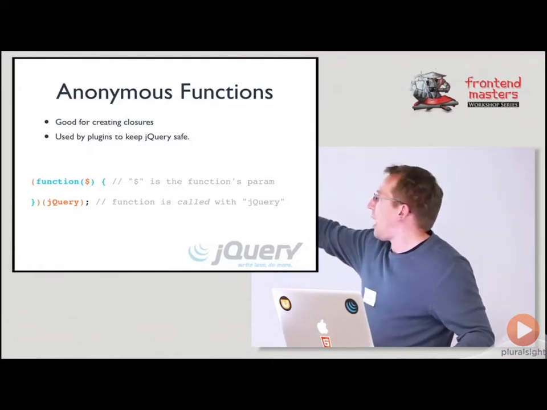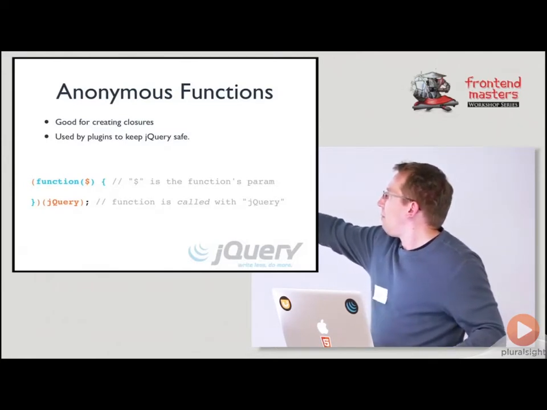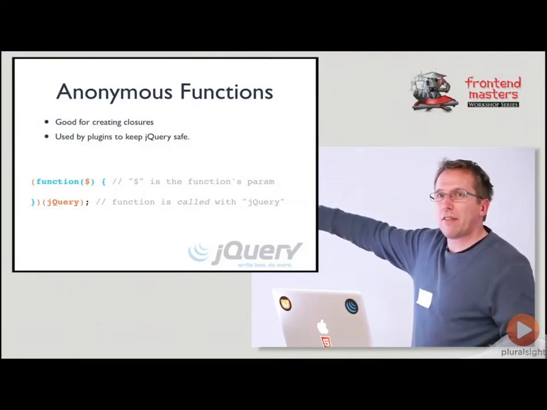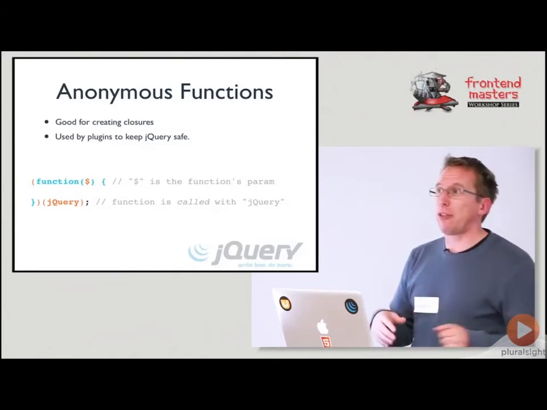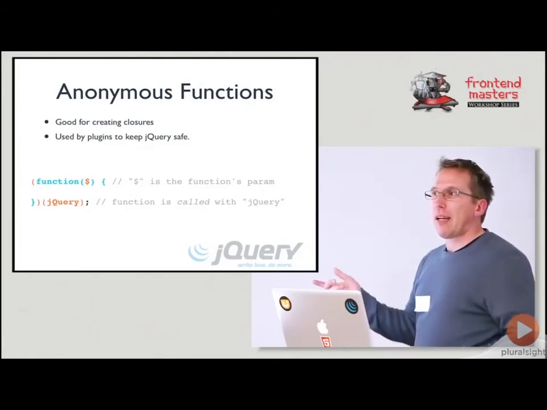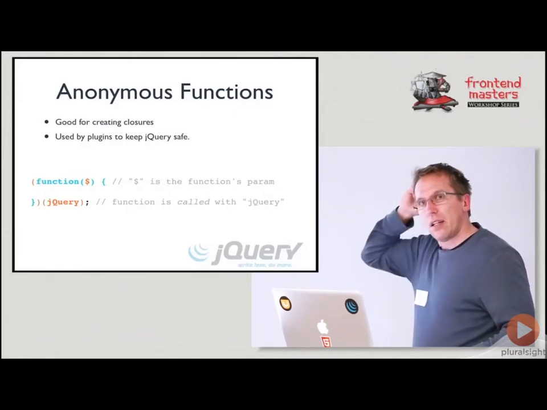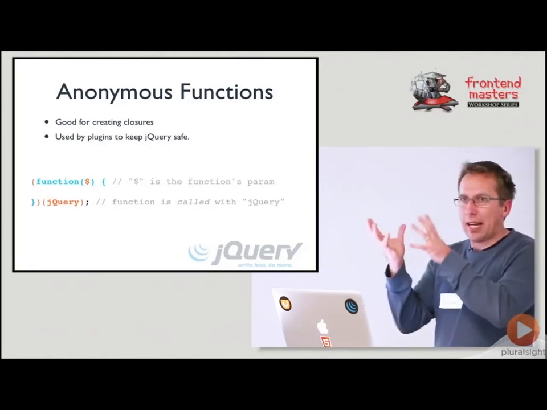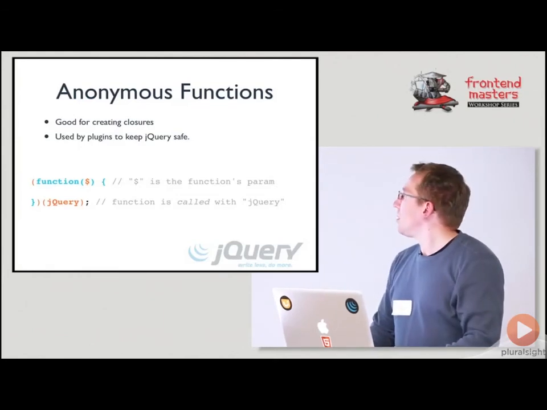We're calling it with jQuery, and then dollar is the function's parameter, so we can use that inside the function. That way, if we're using jQuery and Prototype or jQuery and MooTools on the same page, and you're using a plugin, if they don't do something like this, then it's going to break, okay? Because those other libraries also use the dollar as a function name, and it's a global.